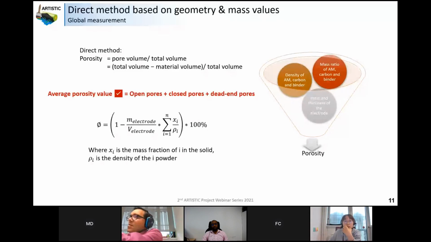This method is really easy because we just need to calculate the result using the density of the different materials, the mass ratio, and the geometry obtained from the experiment. But with this method, we cannot get any information about the pore size distribution.